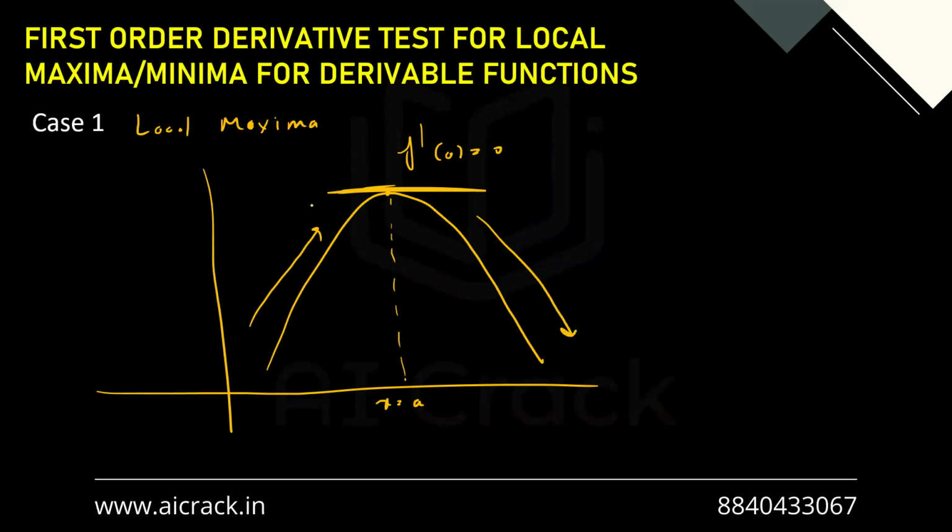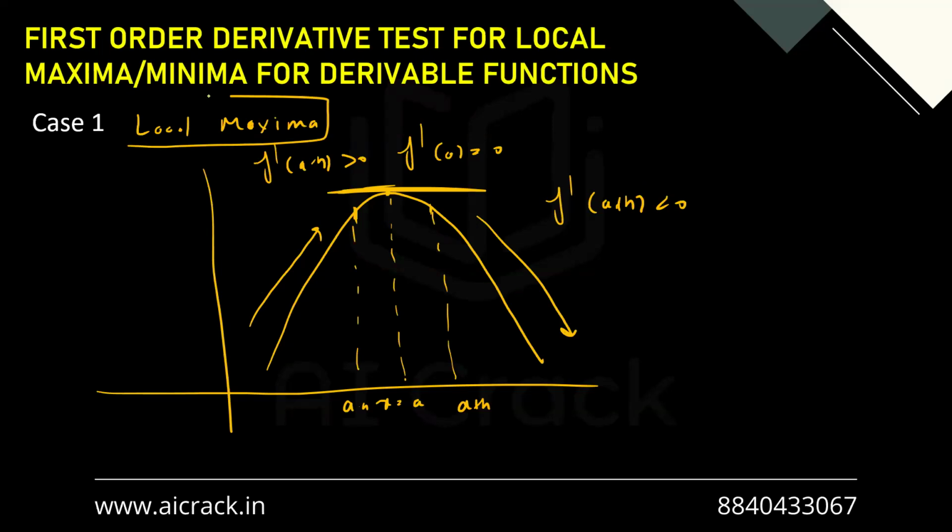If slope is positive, we can say f dash, let's say this is a minus h, so f dash a minus h should be positive, and over here, let's say this is a plus h, so f dash a plus h should be less than 0. So derivative is positive, then becoming 0, and then going negative. In that case, we say that we have a local maxima, right? In the basic case, we were talking in terms of function values. Over here, we're talking in terms of slope values because we're talking about differentiable functions.